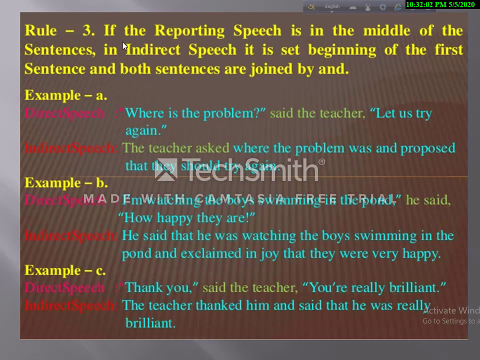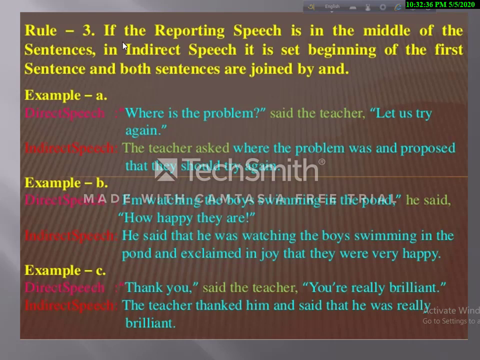If the reporting speech is in the middle of the sentences, in indirect speech, it is set at the beginning of the first sentence and both sentences are joined by "and." Let us have an explanation. Sometimes you may find that there are two sentences spoken by the same speaker, but the reporting verb is in the middle of the two sentences.